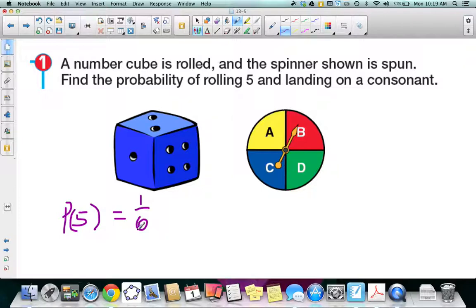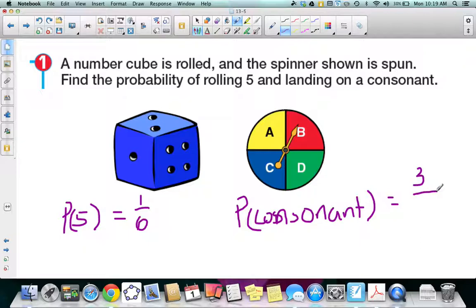The probability of landing on a consonant: there are 3 consonants in the spinner, B, C, and D, and the total number of outcomes would be 4, so it would be 3 over 4.